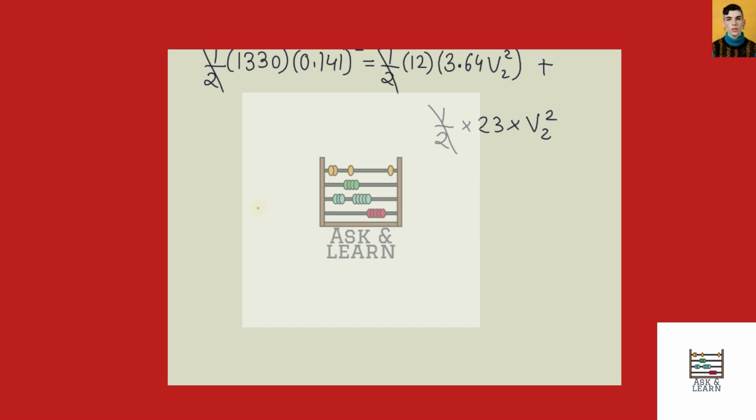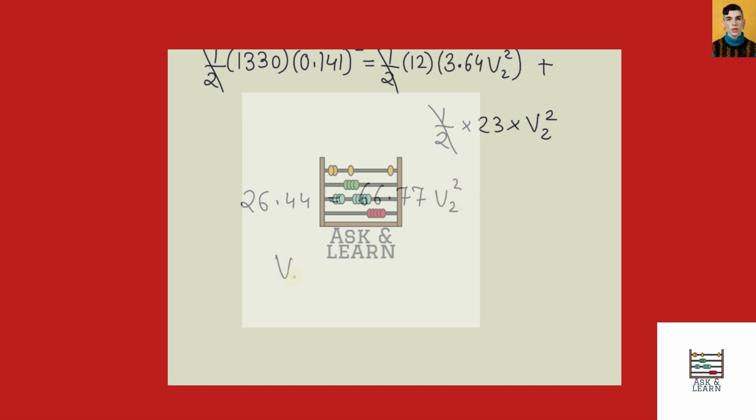The half gets cancelled from both sides. If I solve this, I will get 26.44 on the left, which is equal to 66.77 v2 square.